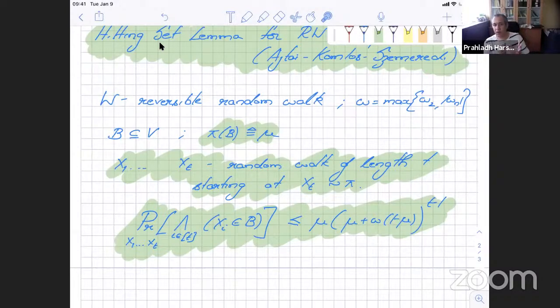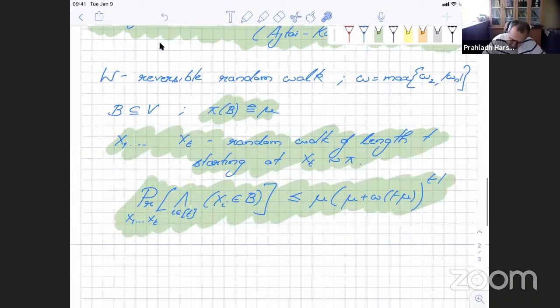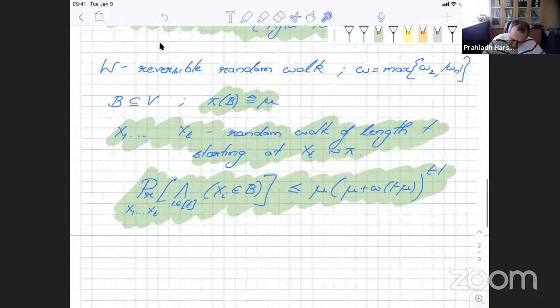Okay, any questions on this? So, even before we go to the proof, let's make a couple of remarks and then jump into the proof. Think of mu as typically something like half. It's the bad set, and omega is some number less than 1.